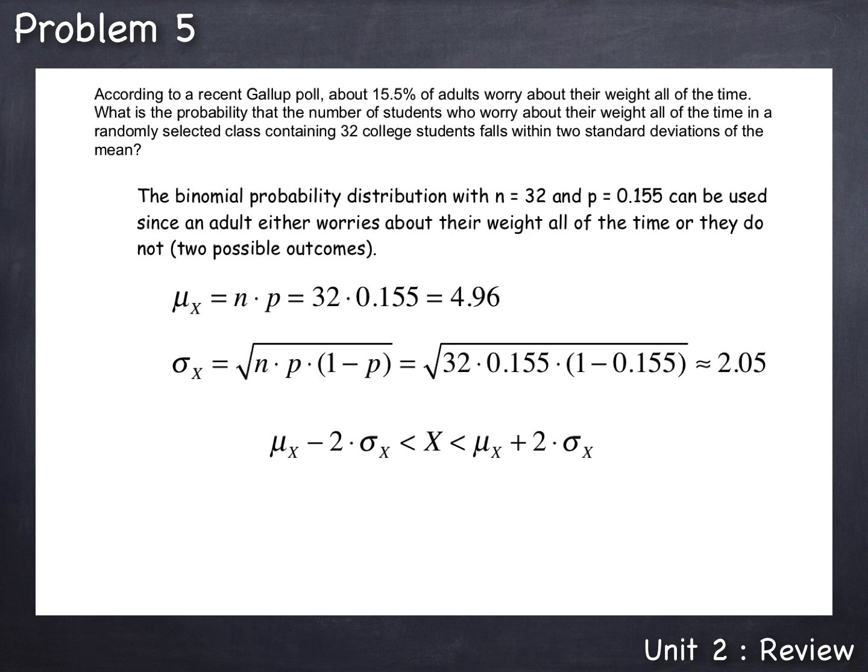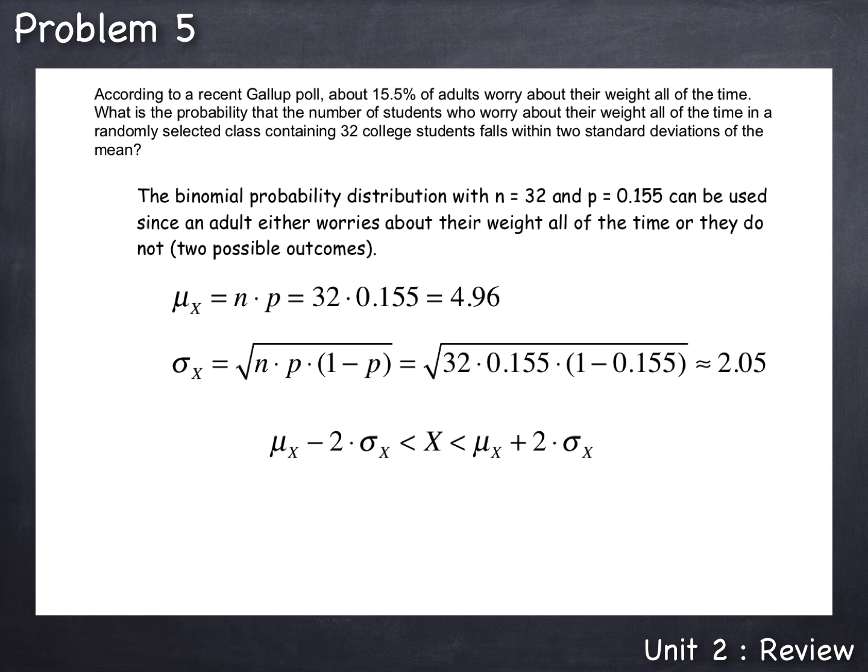And the standard deviation sigma for a binomial probability distribution is calculated by taking the square root of the quantity n times p times 1 minus p. In this case, we would take the square root of the n of 32 times the p of 0.155 times, left parenthesis, 1 subtract 0.155, close parenthesis. When we press enter, we get a standard deviation of 2.05.